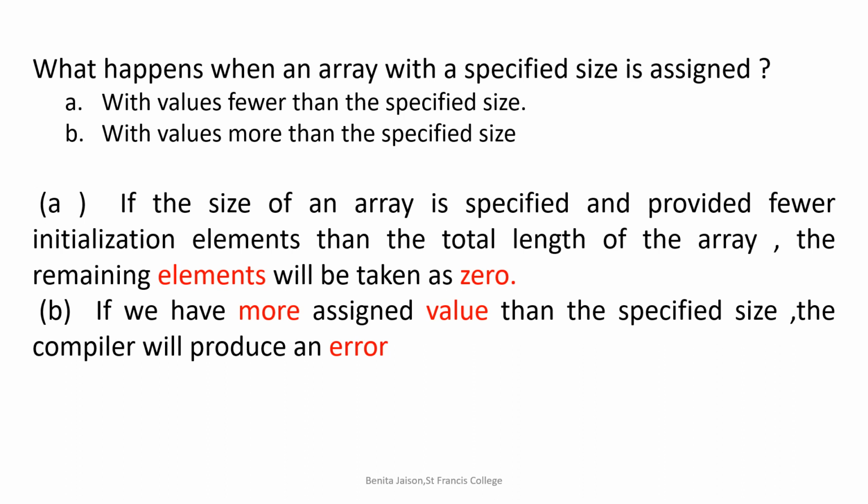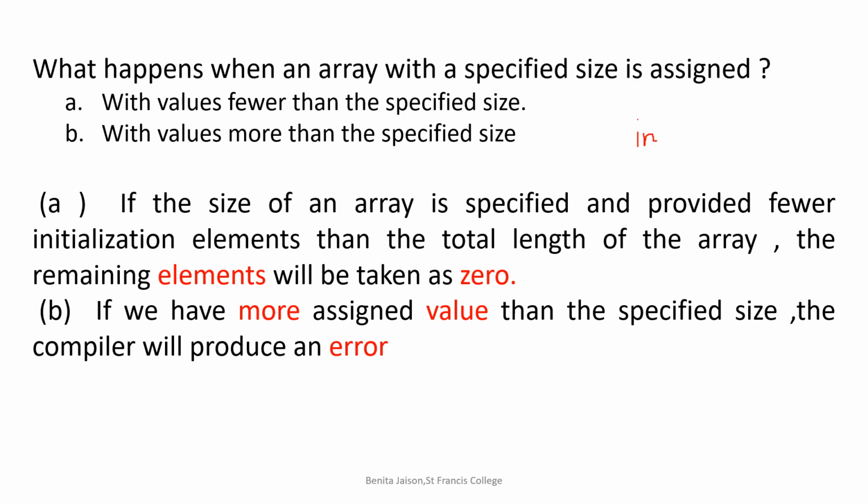Now, what happens when an array with a specified size is assigned values fewer than the specified size, and the second case, with values more than the specified size? What happens in these two cases? The first one, with values fewer than the specified size. As we all know, in order to declare an array, you give the data type.